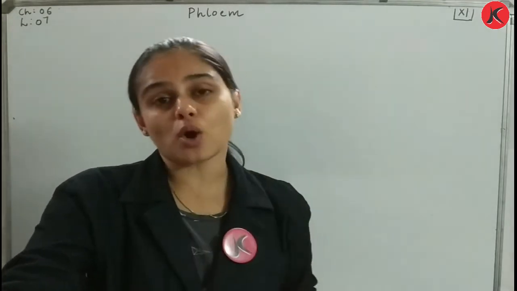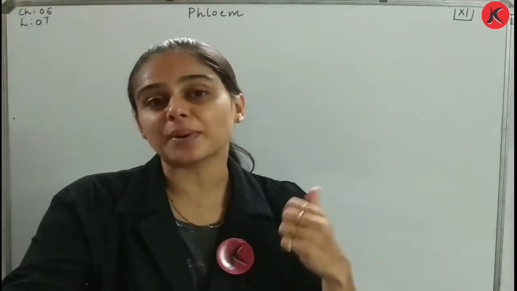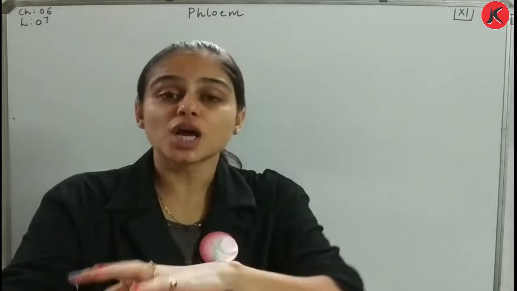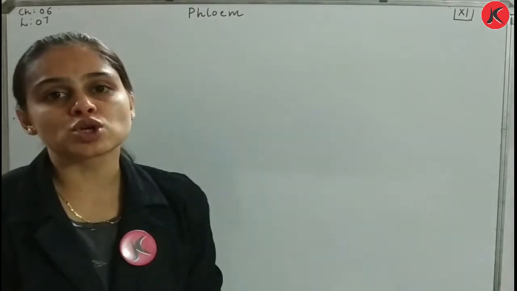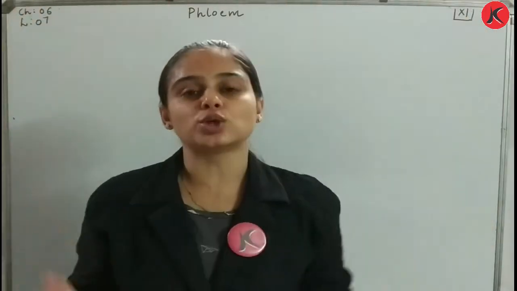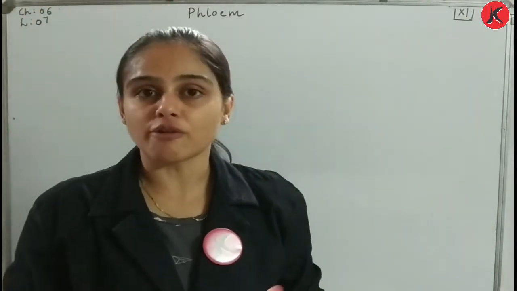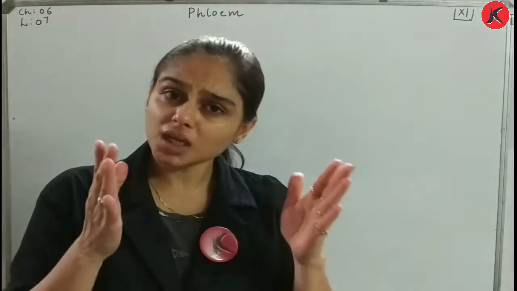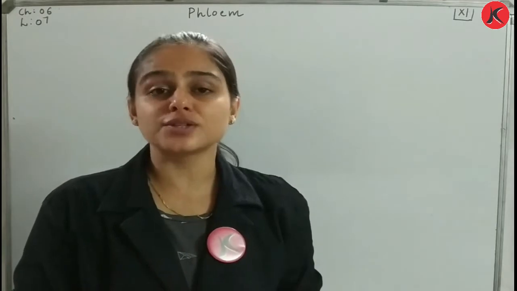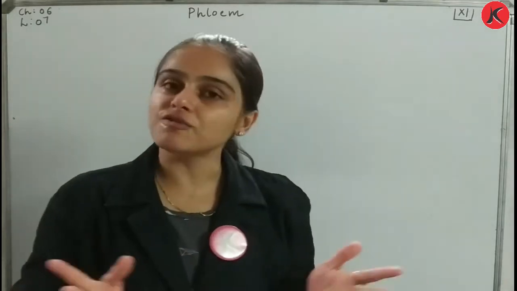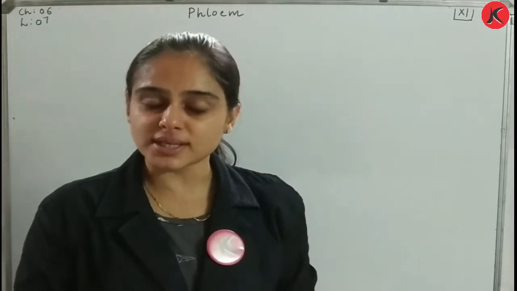Which part of the plant is present in the soil? It is your roots. So of course roots are going to absorb water and from the root it is transported to different parts of the plant. Yes or no? Yes. And thus I can say that transport in xylem is unidirectional, from root to different parts of plant. Simple as that, right dear students?